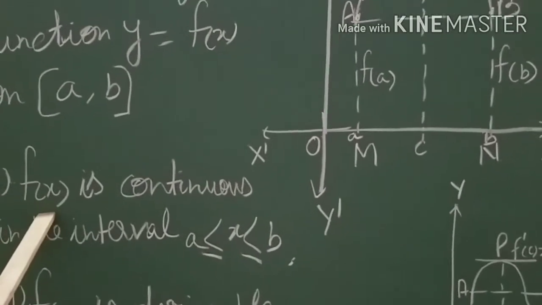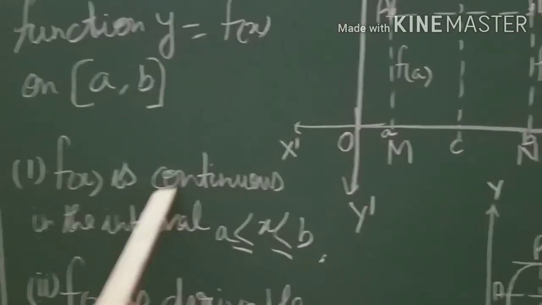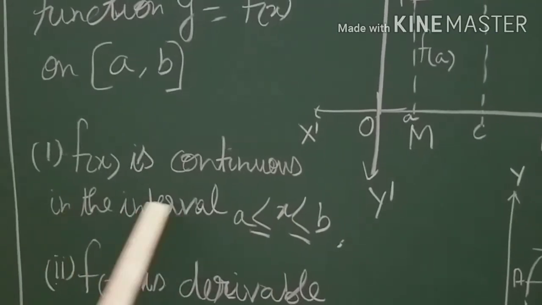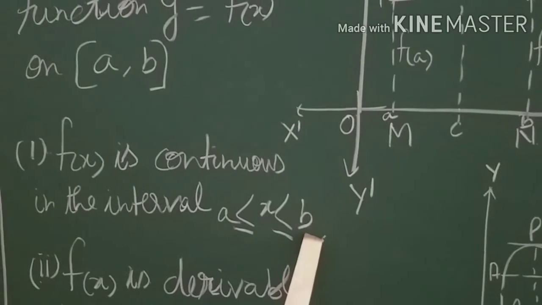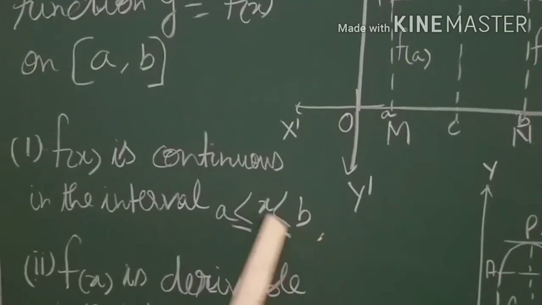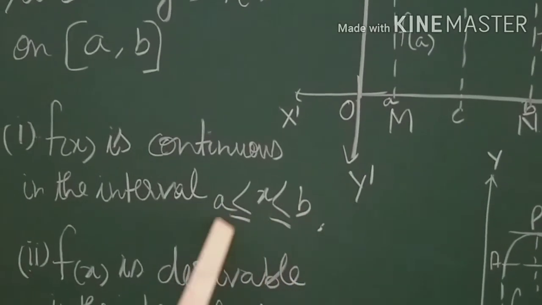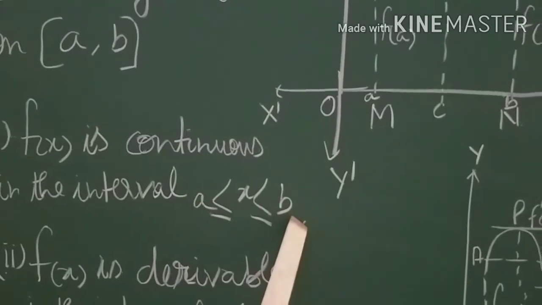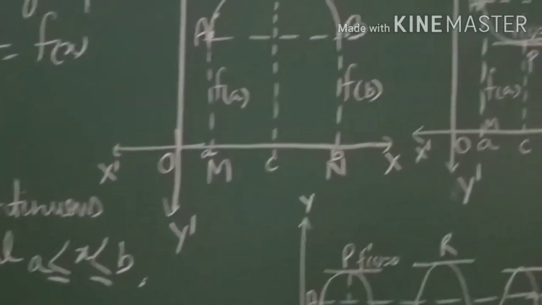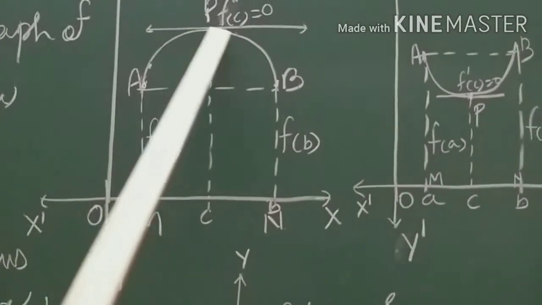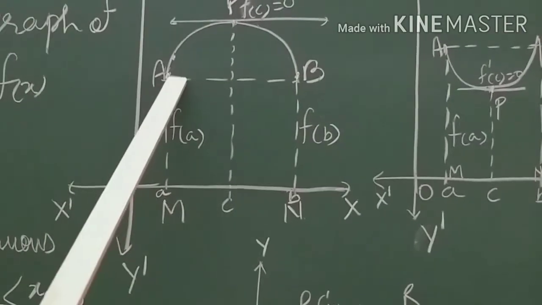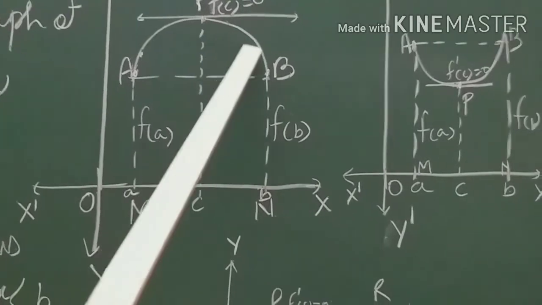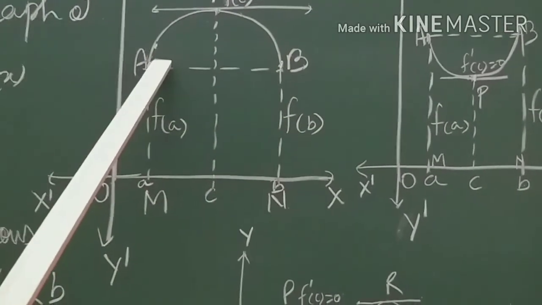First of all, the function is continuous in the interval a to b. It is a closed interval, students; a and b both are included. So you can see this is a function, there is no break, no gap.